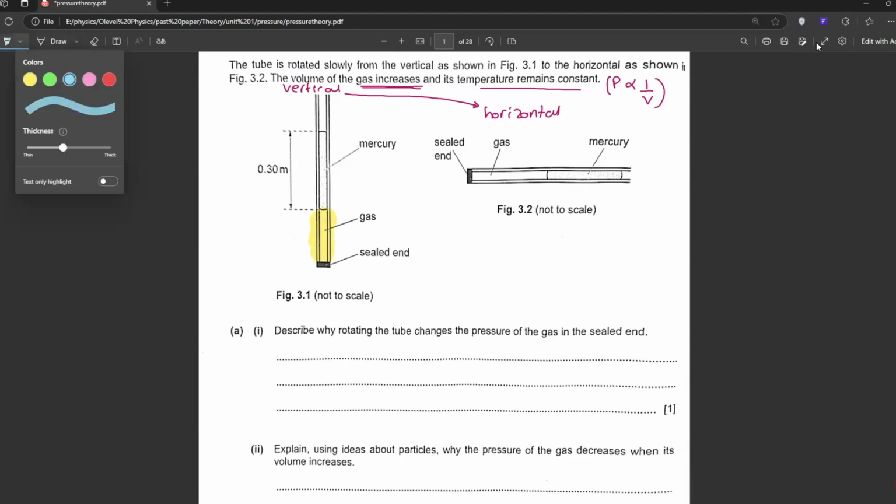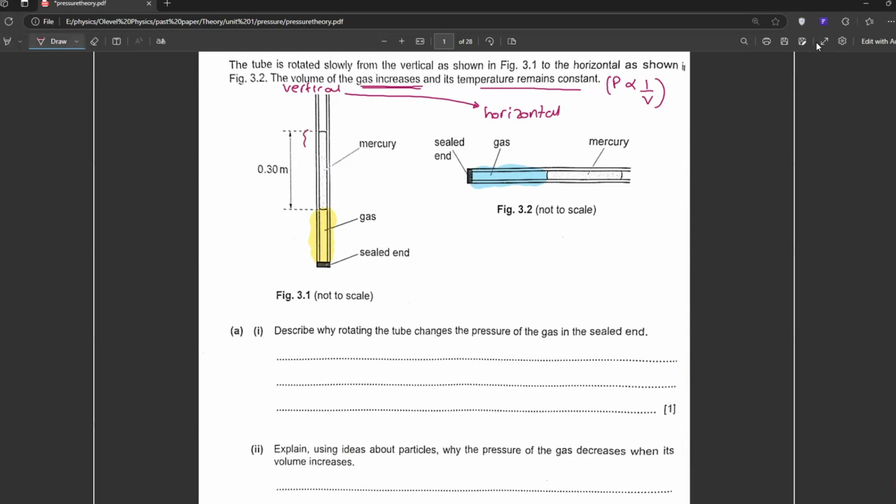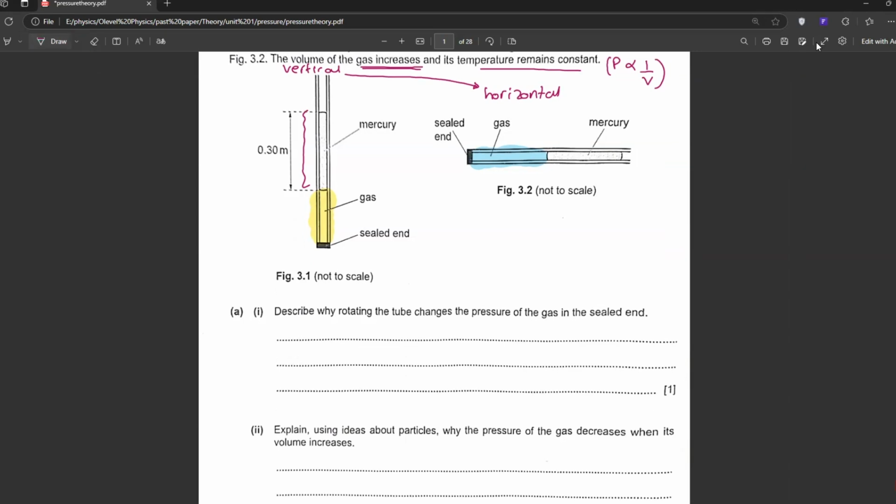After you rotate it horizontally, the volume increased, or you can say the pressure decreased. Why is this the case? When you were in the vertical position, this mercury was applying a pressure at the gas. But as soon as you shift it to a horizontal position, mercury is no longer applying a pressure at the gas. So, how will you write this?